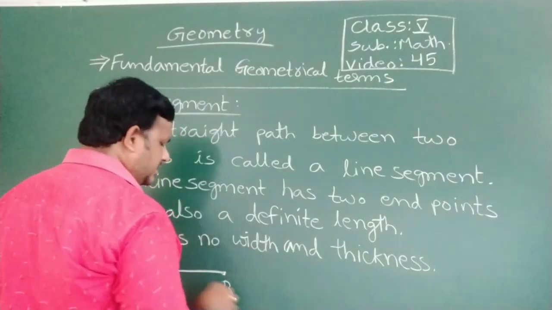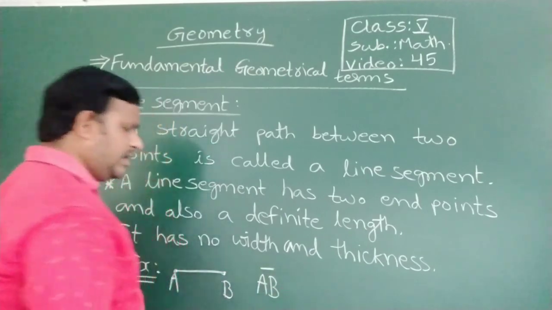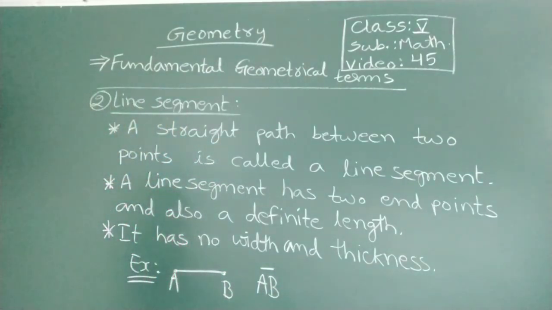This can be written as AB. On the top of AB, we have to draw the line segment. So diagrammatical representation also I have given here, and also by using letters, how can we write a line segment? We write AB, and on the top of AB, we draw a small line segment.